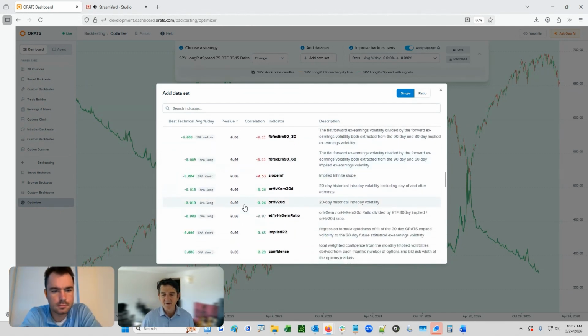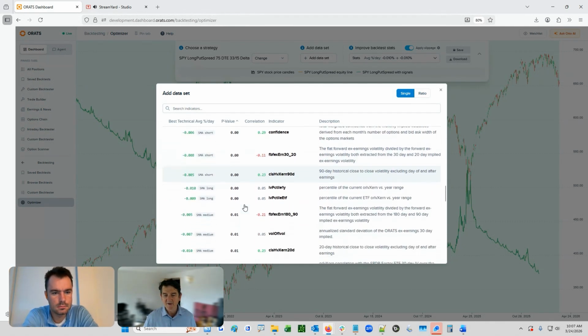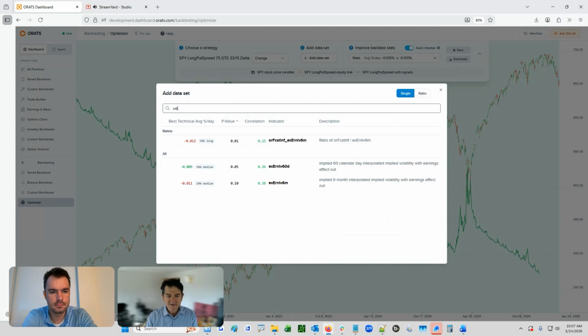I actually like to look for longer term volatilities, because I want a longer indicator. So IV60. So I might do something like this, XERN IV60.